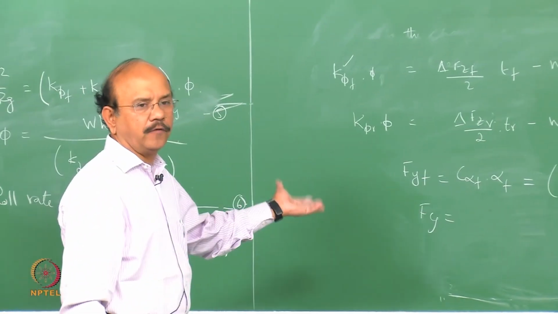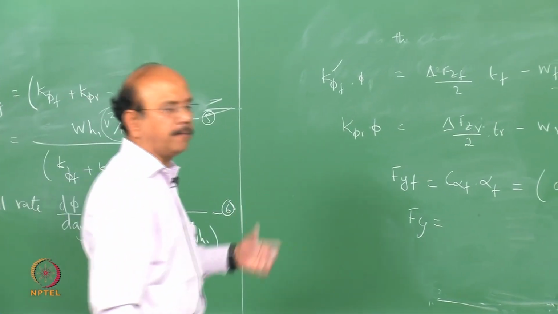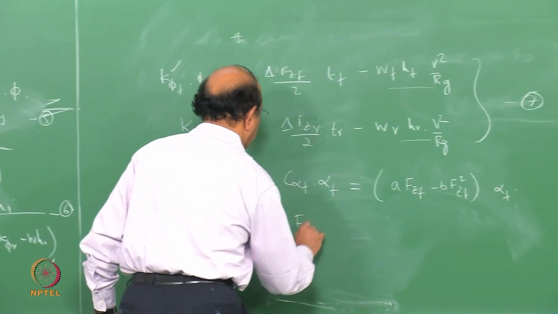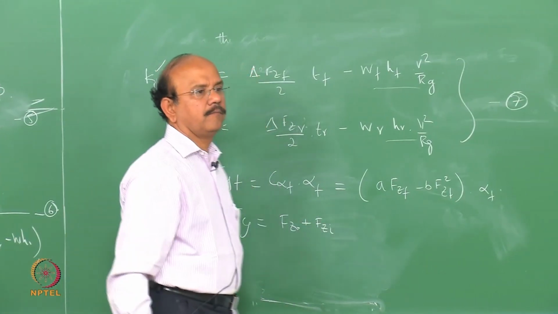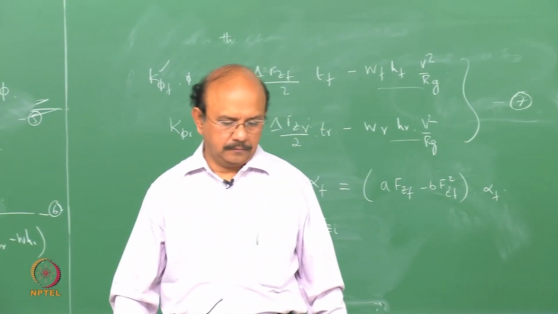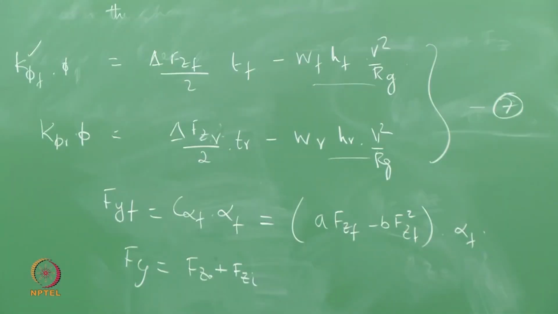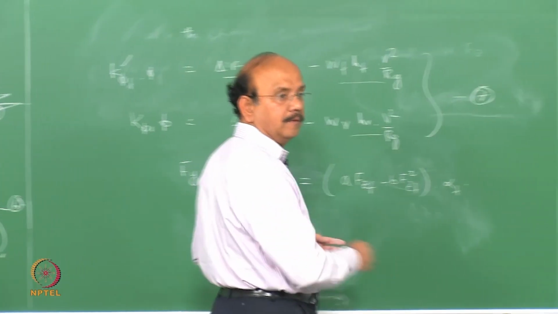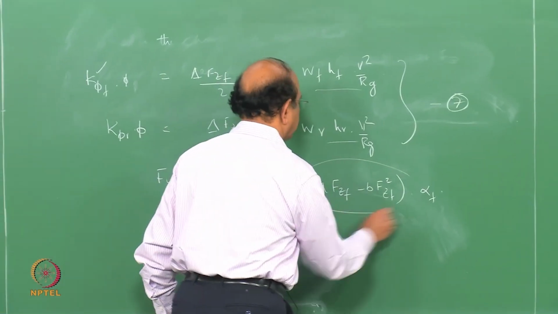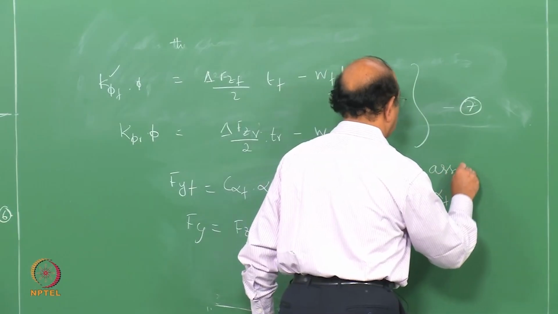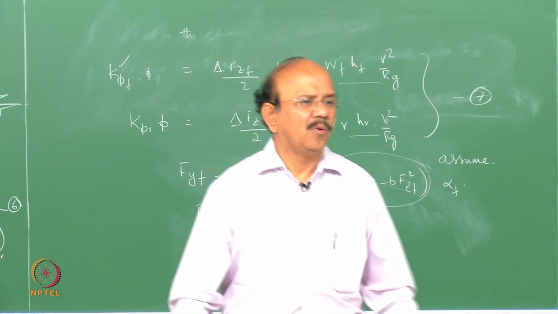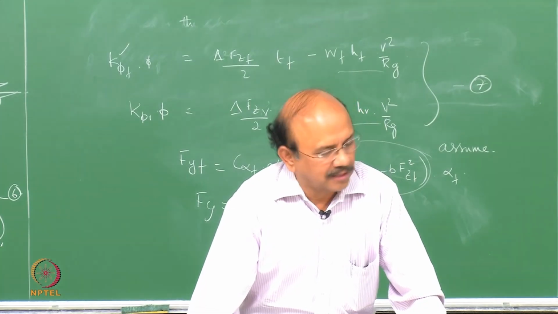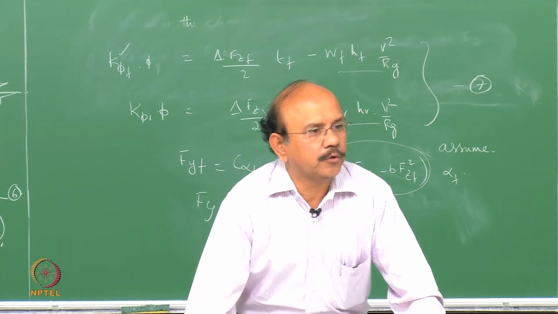Now Fy, say front or rear, is the sum of F z outer plus F z inner. Get that expression for C alpha F. This is what I assume. Now, is it correct? It's an approximation. Actually, we don't use this expression in practice.